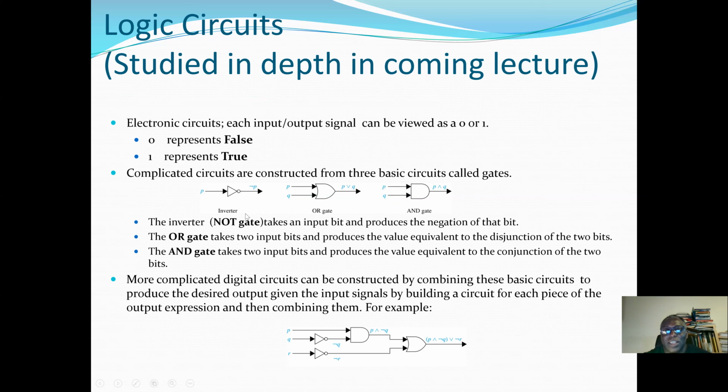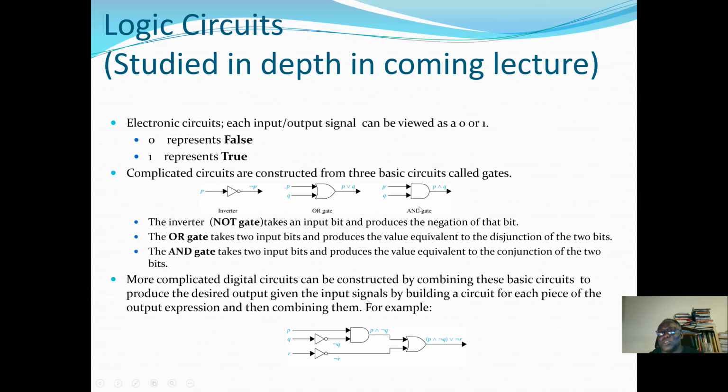Again, we have the inverter, which is the same concept as negation or NOT gate. Then OR is the same as disjunction. It's addition. That's why it's called OR, disjunction. Then AND is the same as conjunction, propositional logic operator.